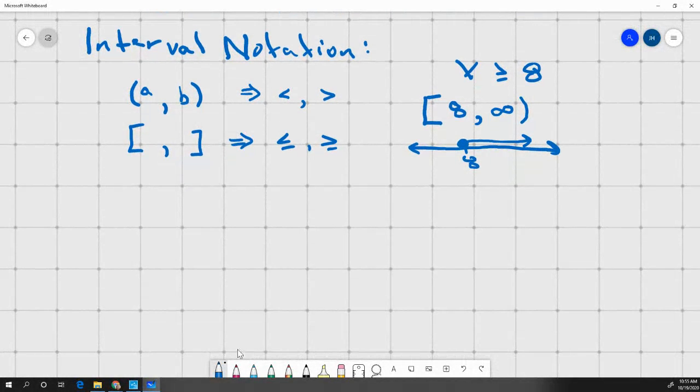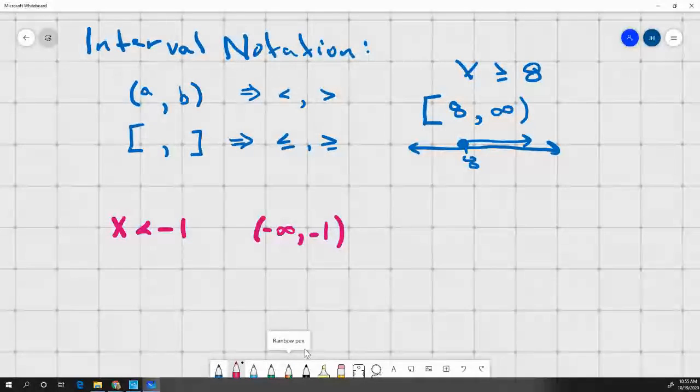Let's do something else that's kind of simple. X is less than -1, right? When we do this notation, it's a less than, so everything is going to be parentheses. Less than -1, well, it's everything that's less than -1, so we go from negative infinity all the way to -1.